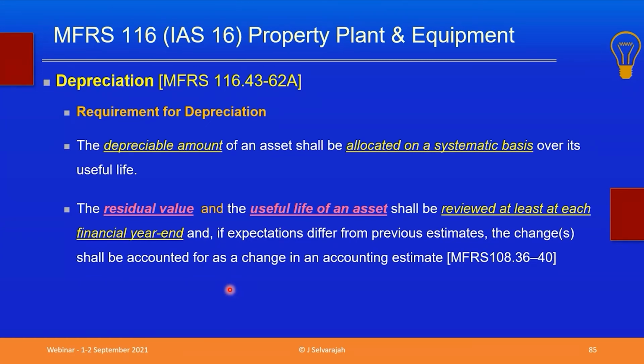All right, that means the company has made a wrong estimation of the useful life, and therefore you have to reassess and then adjust it prospectively. Don't go retrospectively. An error in an estimate must be done prospectively. An error in the accounts must be done retrospectively.